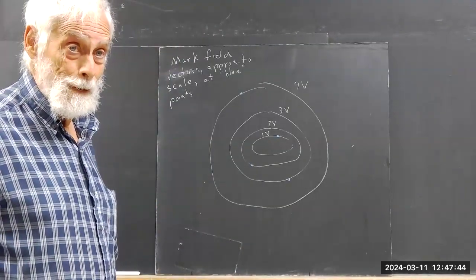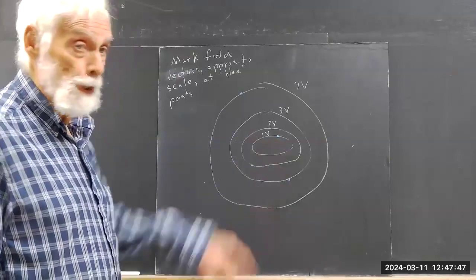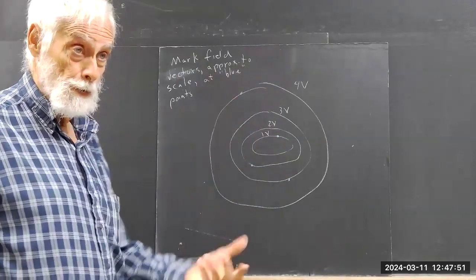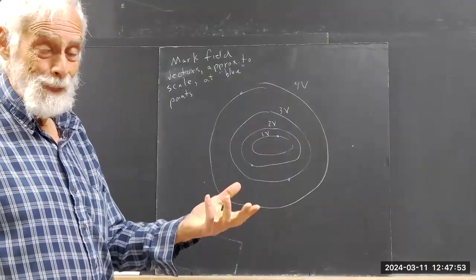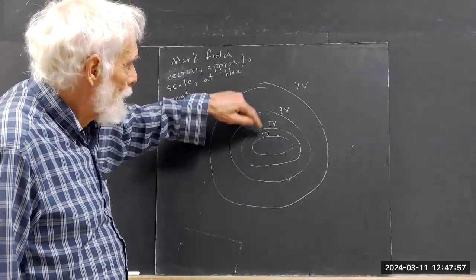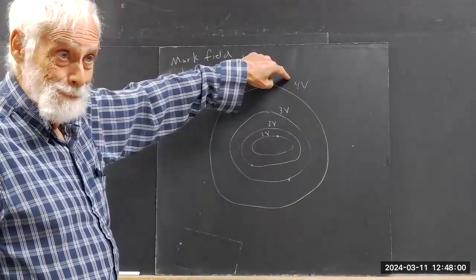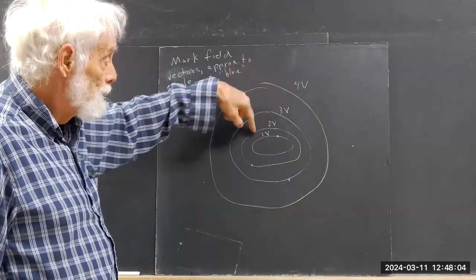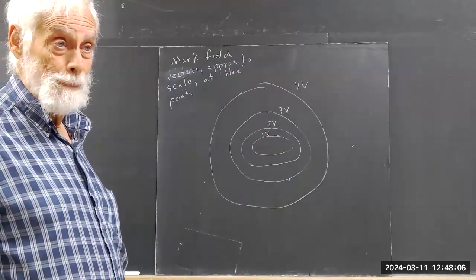Now, since I put positive charges here, everybody that drew arrows wanted to draw them away from the positive charges. And that would actually be correct, but these voltages wouldn't be. These voltages would have been inconsistent with the positive charges.